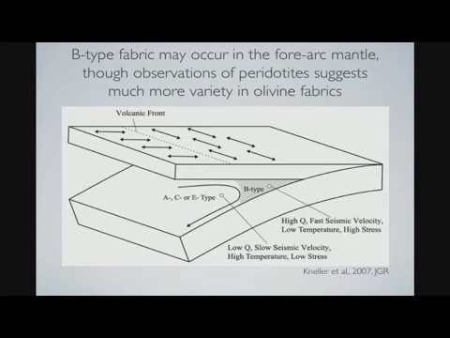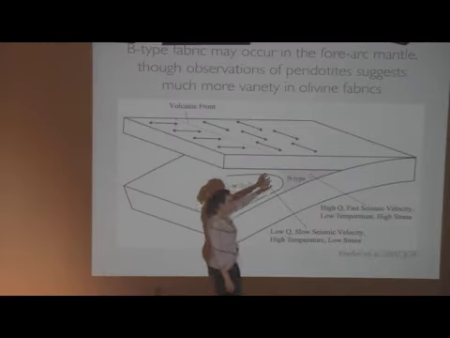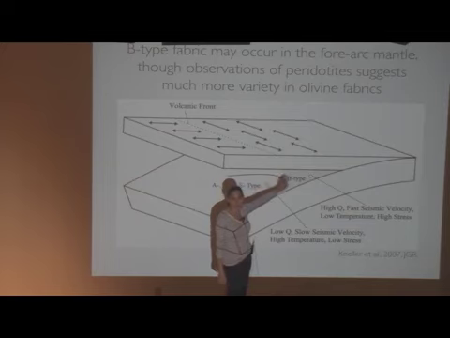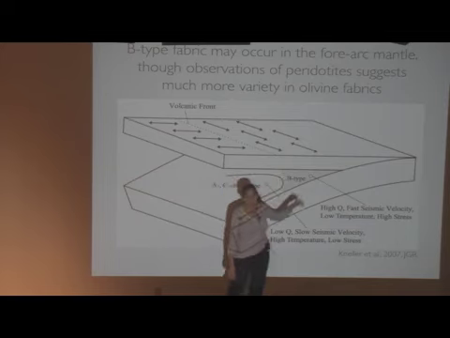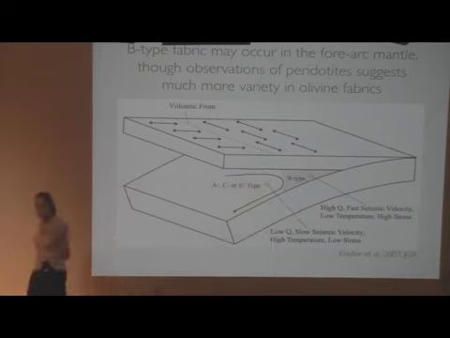So this is just to finish that point. This is the summary figure from Eric Nella's paper saying that from all of the geodynamic modeling they did to get to the stress and the water content you need, if you're going to see B-type fabric anywhere, it's going to be over here in the nose of the wedge. And the best observation we have now for samples from that region is that they are not showing that fabric type.